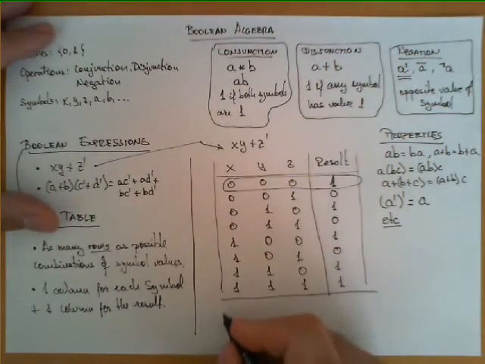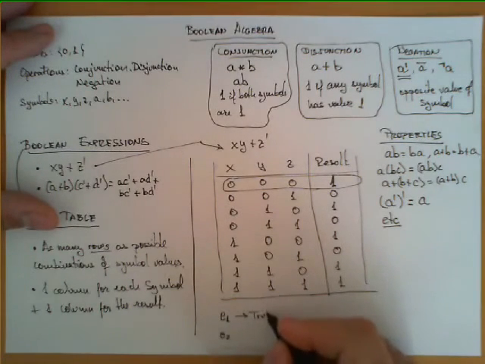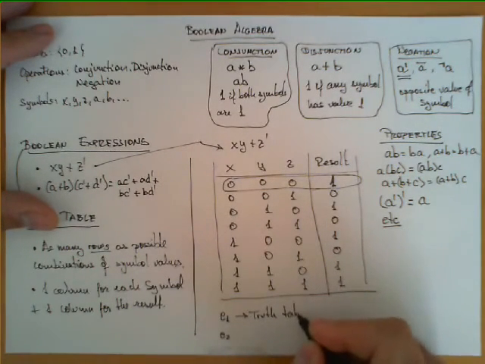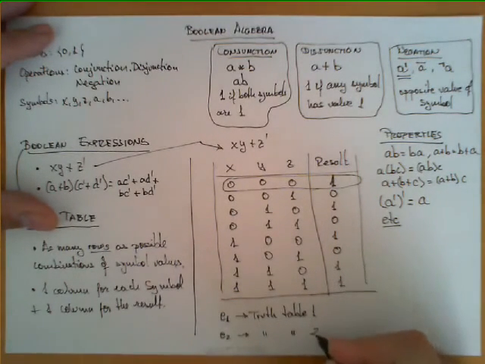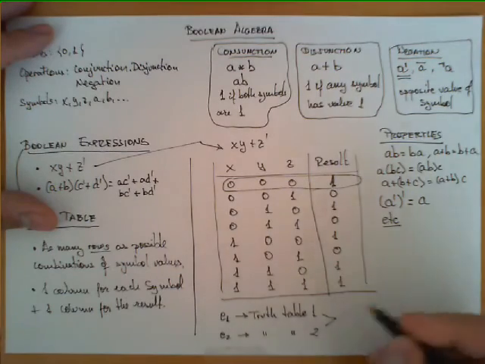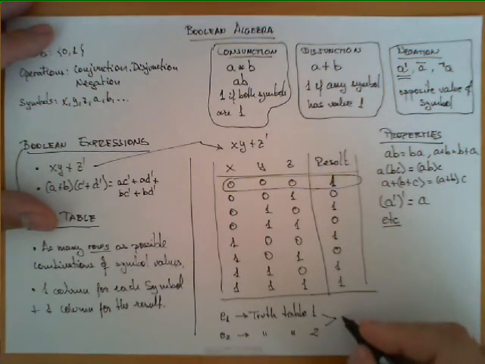Now imagine that we have two Boolean expressions, E1 and E2. Initially they are different, but imagine we create the truth table for one, call it truth table 1, and the other truth table 2. Now imagine that we derive these two truth tables from two initially different Boolean expressions, but we find out that these truth tables are identical.